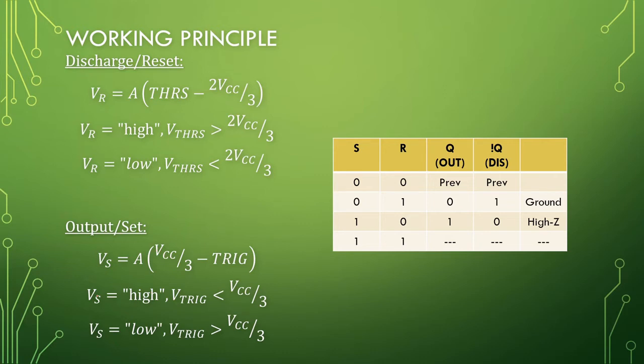So whenever the trigger is lower than VCC over 3, our VS will be high and our output will be triggered to be on, and our discharge will be off, a high impedance. Same with a low. Okay, so as I said, everything is around the two comparators and this RS latch.